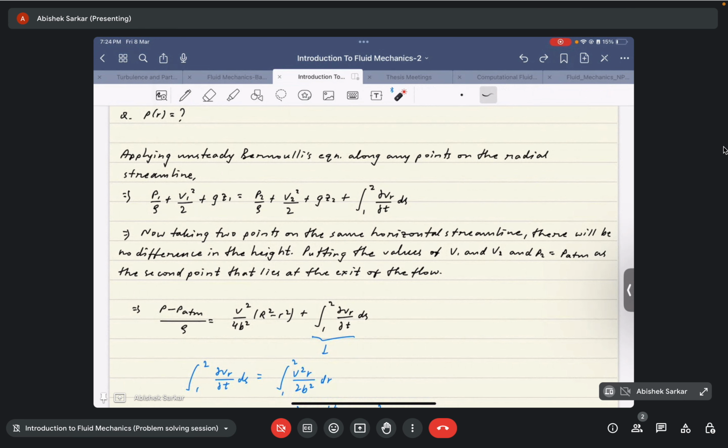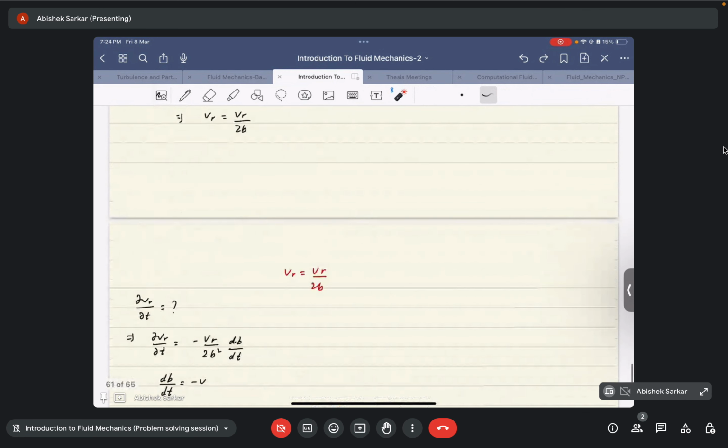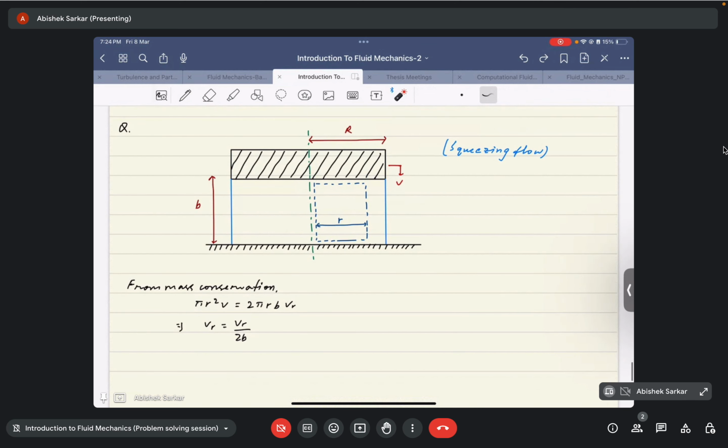Now if we take 2 points on the same horizontal streamline, like if we go to the diagram, say this is the streamline that we are considering, and we consider 2 points, say 1 here and the other point at 2, at the outer edge, then we can essentially ignore the height difference in the Bernoulli's equation.